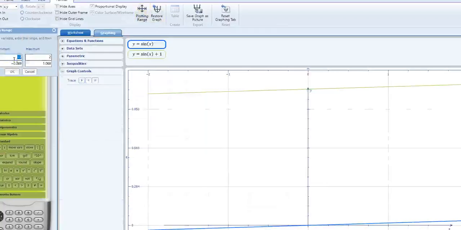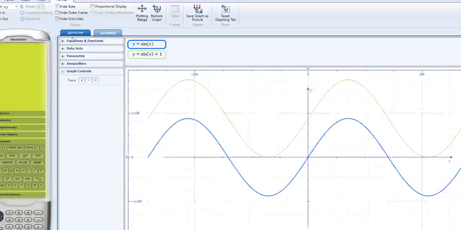We change our plotting range. X is -360 to 360, and y, let's do -2 up to 2, and plot. So you see here is y equals sine x in the blue and y equals sine x plus 1. It's just everything shifted up by exactly 1, and that's all that happened there. Everything is just shifted up by 1.